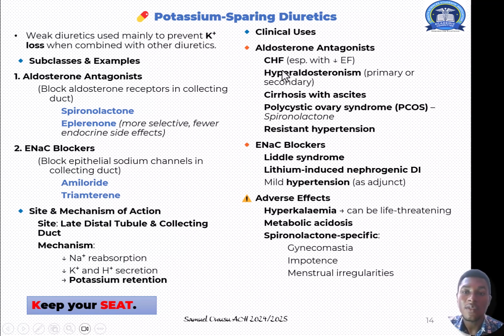So we have hyperaldosteronism, whether it's primary or secondary, where you need to give a potassium sparing drug. Then people with liver cirrhosis who come with ascites as well, we can give these agents. And people with polycystic ovarian syndrome, we give spironolactone. And for resistant hypertension, sometimes we explore the use of potassium sparing diuretics.